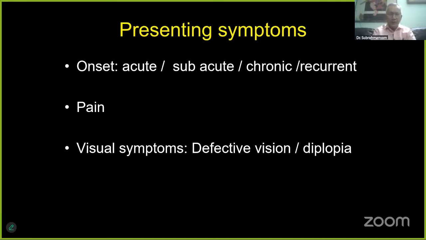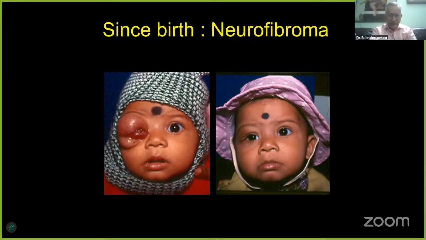Coming to the presenting symptom, the important three are onset, pain, and visual symptoms. Onset: is it acute, subacute, chronic, or recurrent? Pain: whether it is present or absent. Visual symptoms: the most common ones are defective vision and diplopia. Is it present since birth?